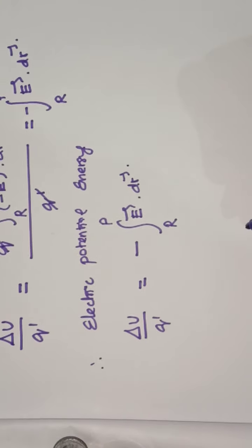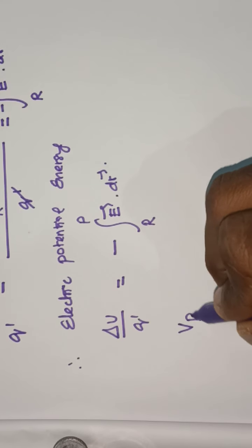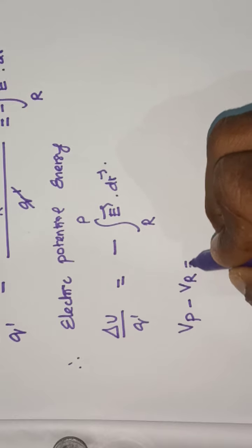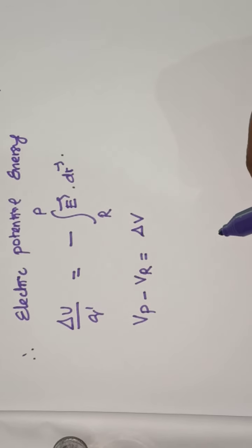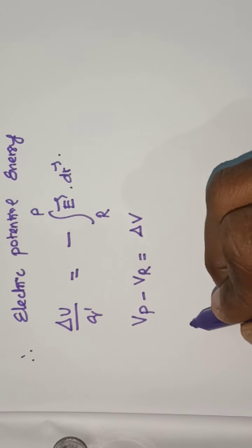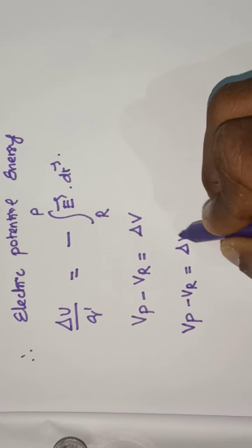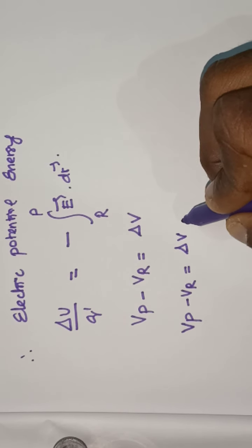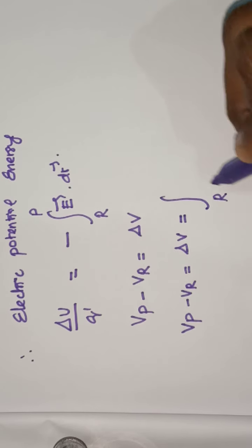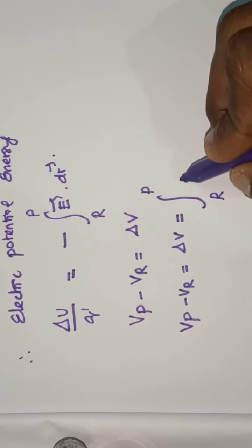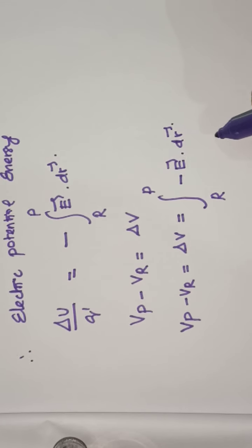It is denoted by Vp minus Vr equal to delta V. So I am using this equation: Vp minus Vr equal to delta V equal to integral R to P minus E vector dot dr vector.